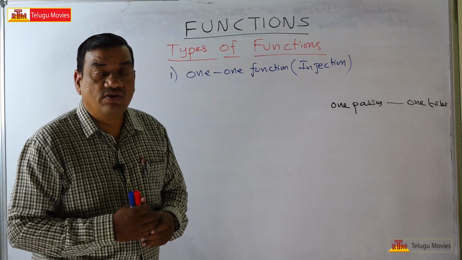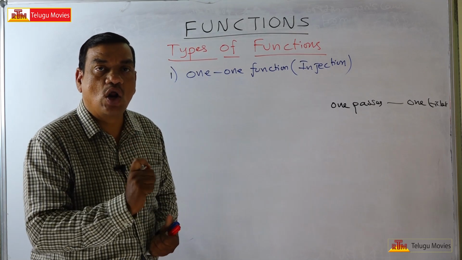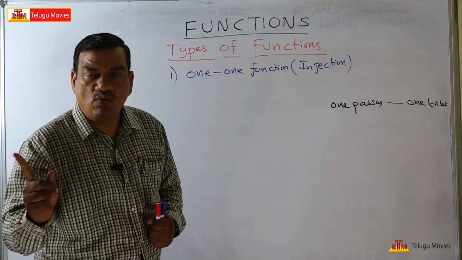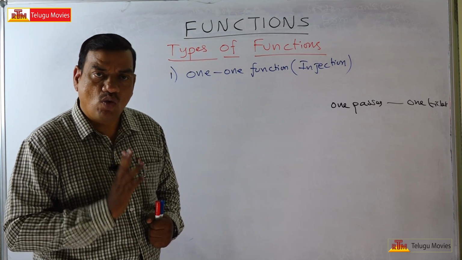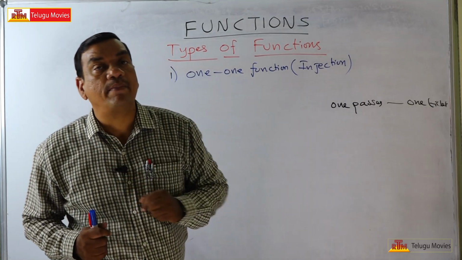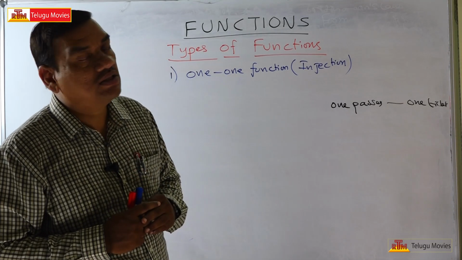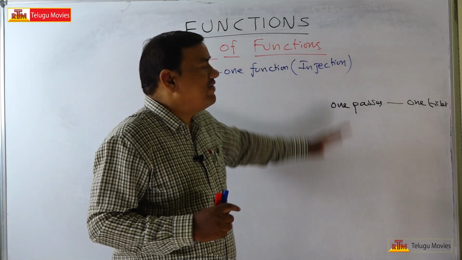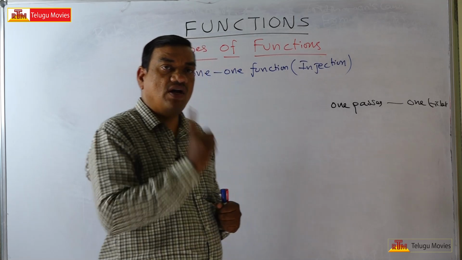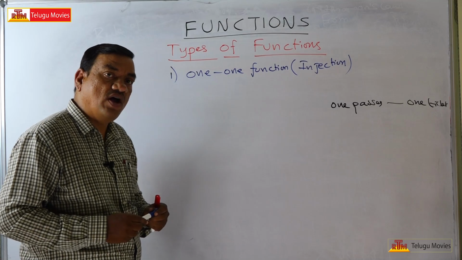In our school attendance also, one natural number is allotted to one student, the roll numbers. Will two students be given the same roll number? No. Will one student be given two roll numbers? No. So these are the various examples that we come across in one-one functions. That means one element, one image. So this type of function is called a one-one function.